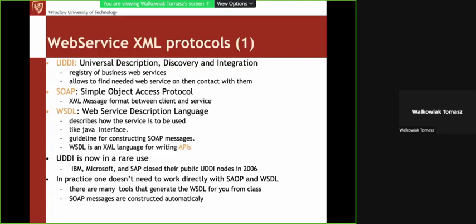So UDDI was a collection of all web services publicly available on the earth. But it was not working like that in practice. I will come back to it soon. Okay, SOAP, Simple Object Access Protocol, is the core of the service architecture.